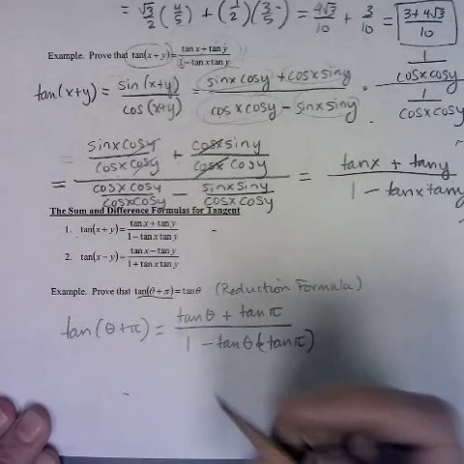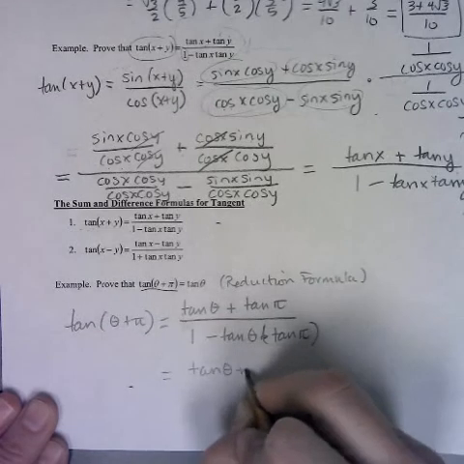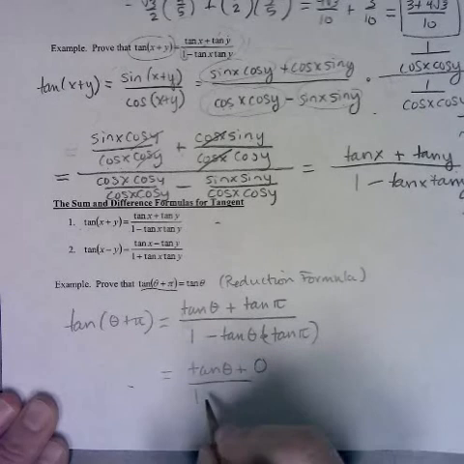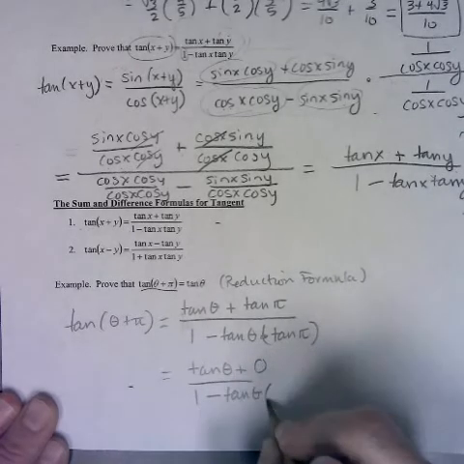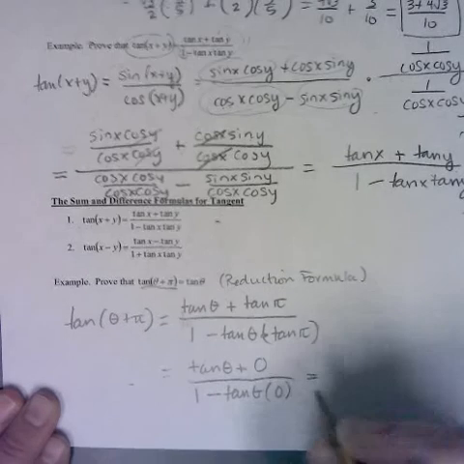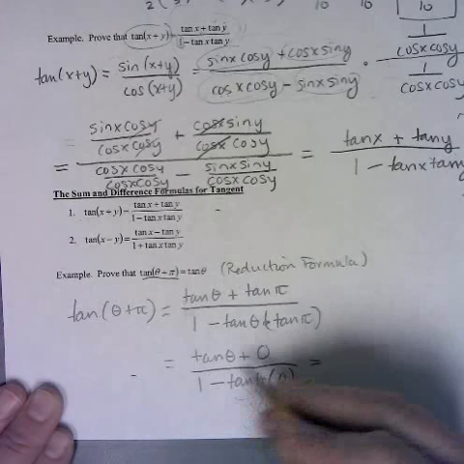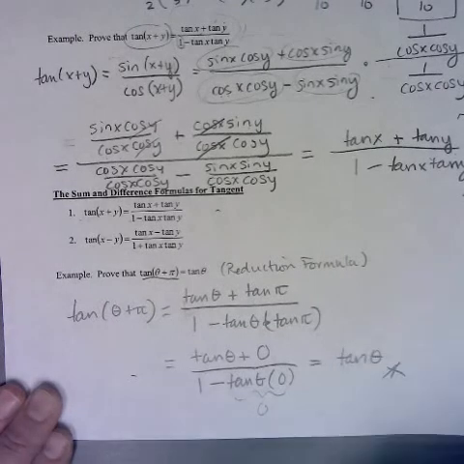And then the tangent of pi is 0 over 1 minus tangent of theta times tangent of pi again is 0. So this term becomes 0, and we just get 1 in the denominator and tangent of theta in the numerator. So that just reduces to tangent of theta, and we've proven the identity. So that one's pretty easy to prove.